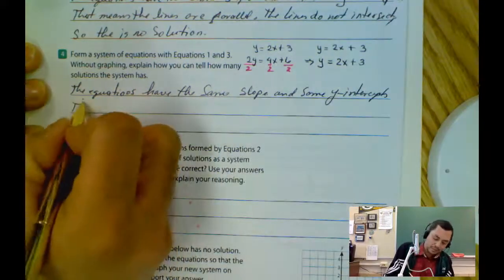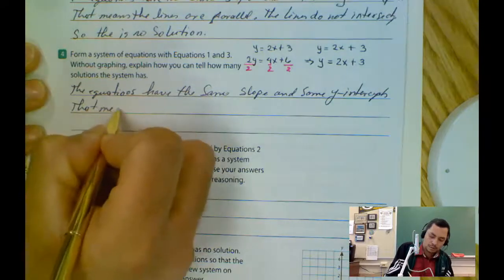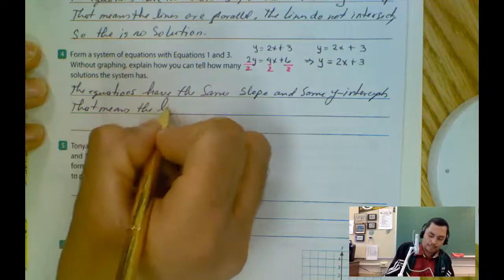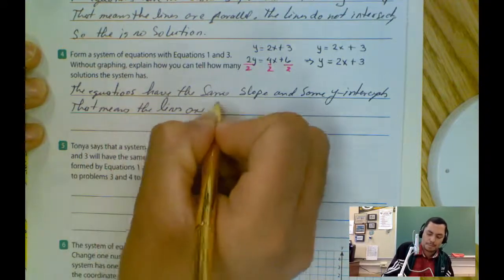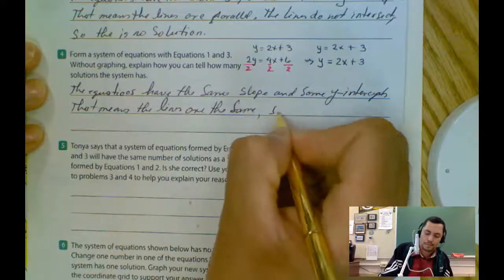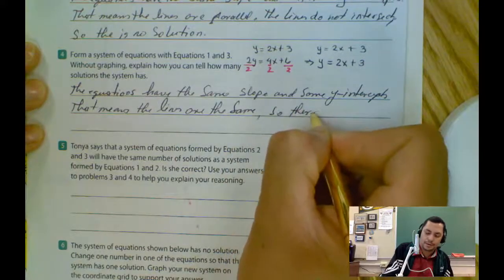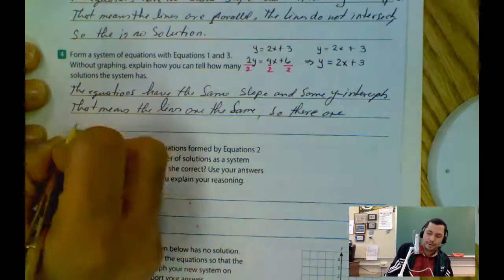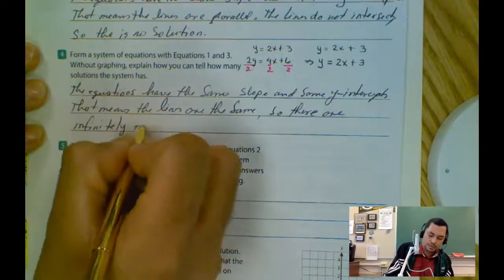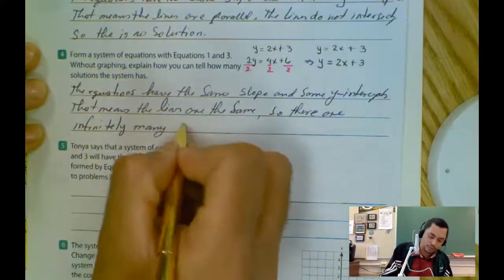That means the lines are the same. So there are infinitely many solutions.